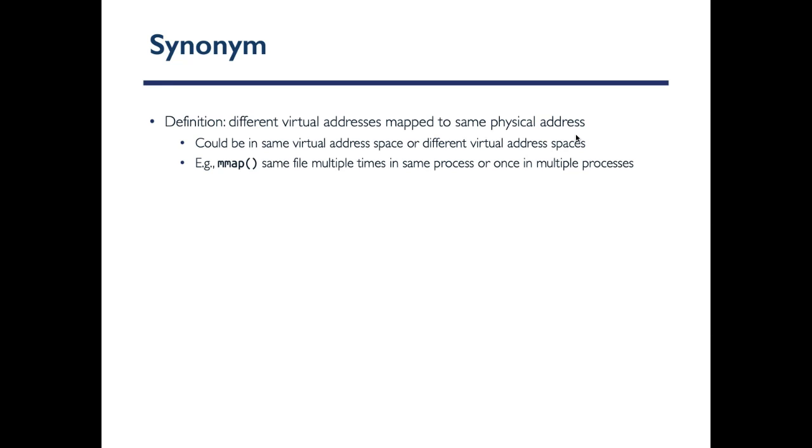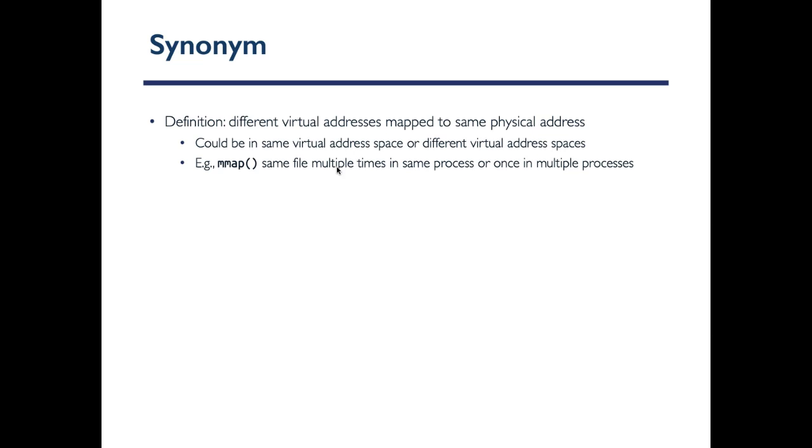So they're both reading and writing to it. If it is code, then probably both of them have read-only access. But let's say both of them are working with the same file. They have mapped it to different regions of their virtual address space. Now they can basically read and write from it.